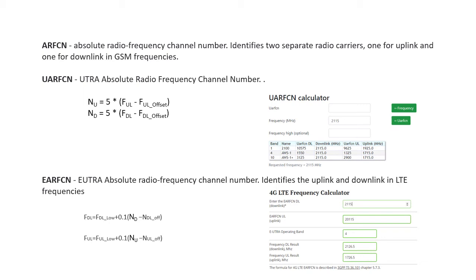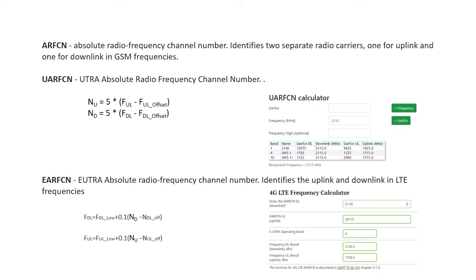UARFCN and EARFCN have different formulas. For example, for UARFCN, the N for the uplink is equal to 5 times the frequency of the uplink minus an offset frequency of the uplink, and similarly for the downlink.